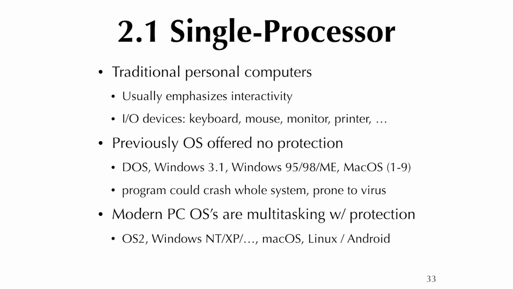Okay, and now, for computer architectures, well, OSs were developed at the time when they only had single processors. And that's what traditional computers were for a long time until the last couple of decades when you start seeing much more commonplace multiprocessors. And for single processors, well, first they had limited technology, they could only build single processors.